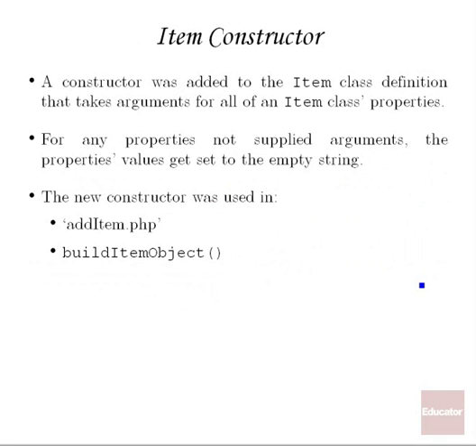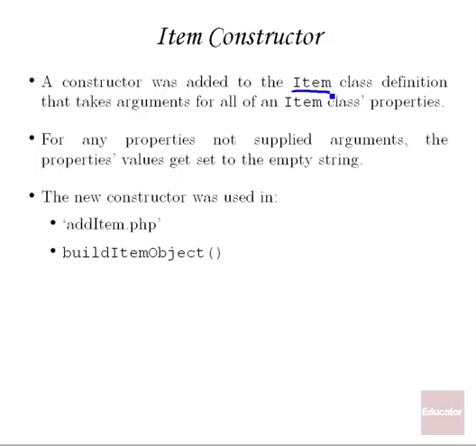So for the item class, we created a constructor, and it takes arguments for each of the different properties that the item class has, like item ID, name, price, description, and so forth. And the way we work inside the constructor is if any properties are not supplied to the constructor, or they're empty, then we just set those properties to a default value of an empty string.